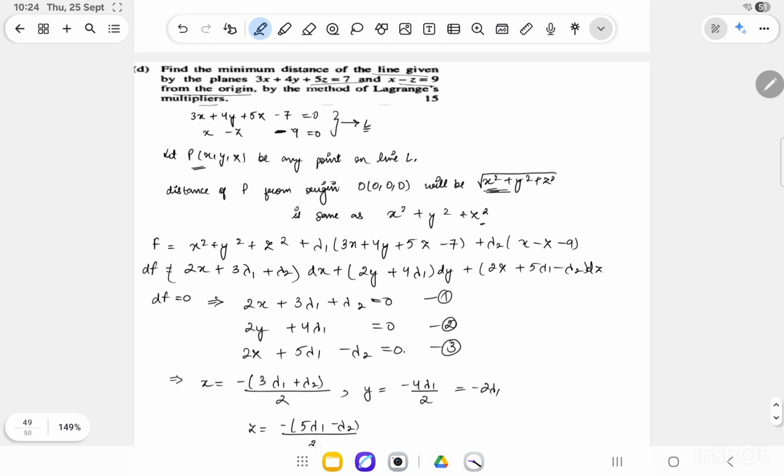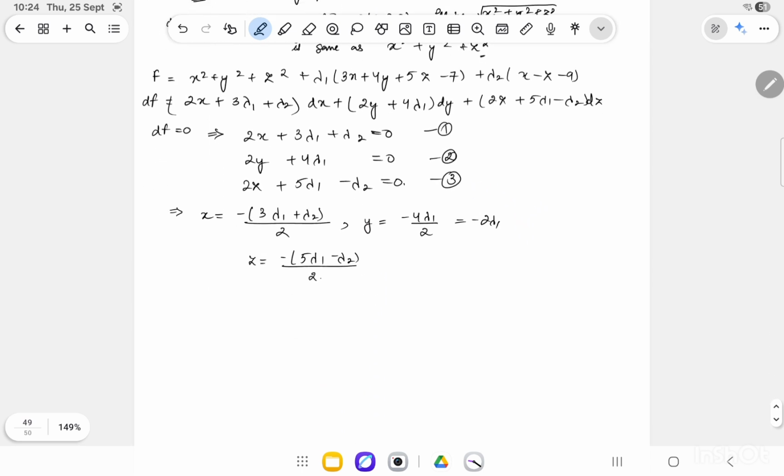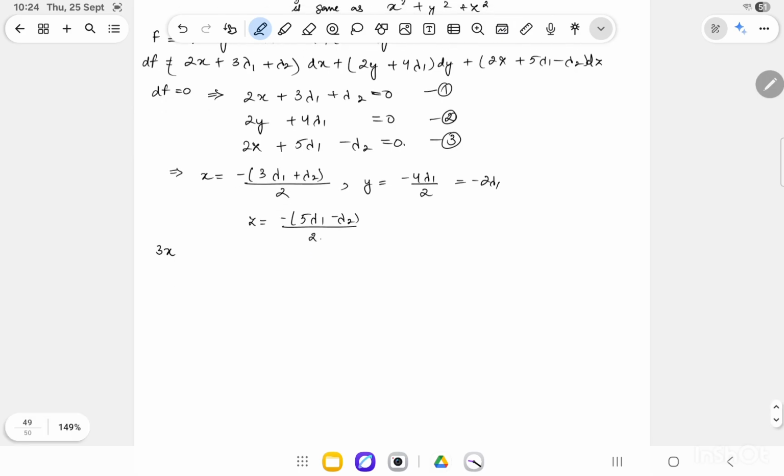So these must satisfy the equation of line. So the equation of lines are 3x plus 4y plus 5z equals 7, and another is x minus z equals 9.